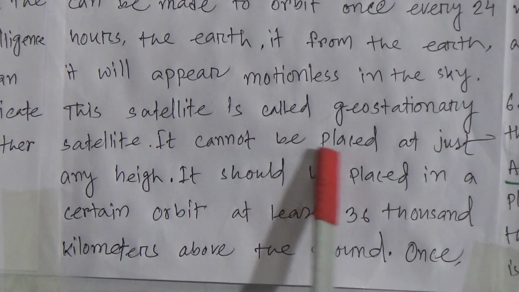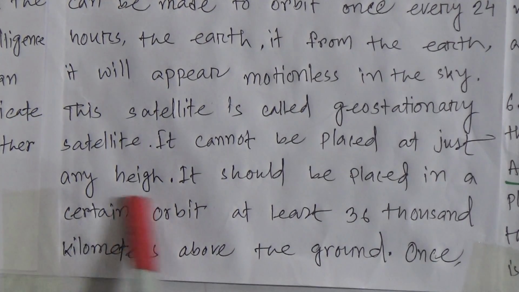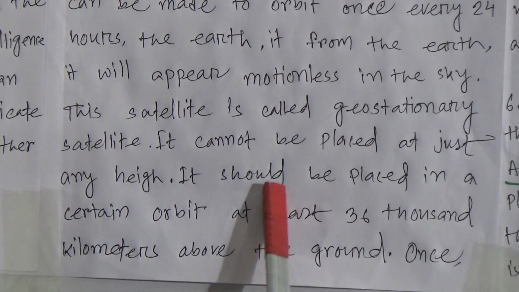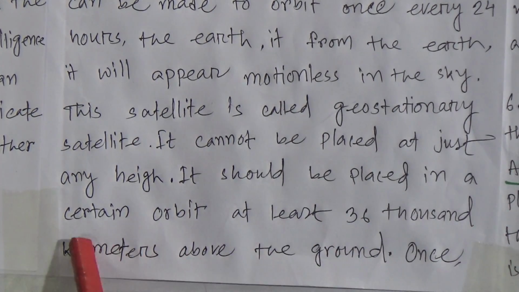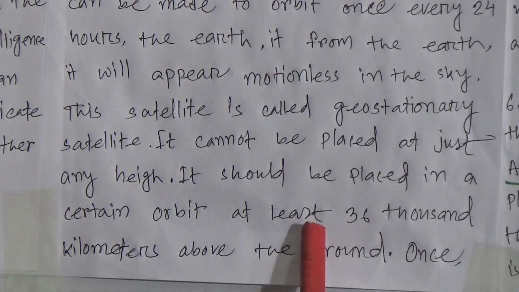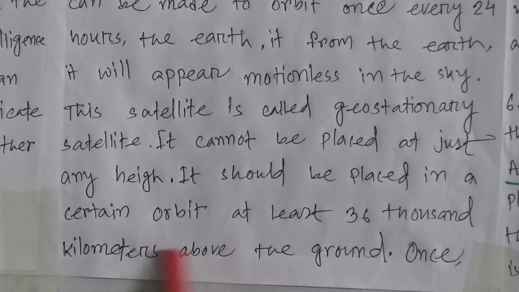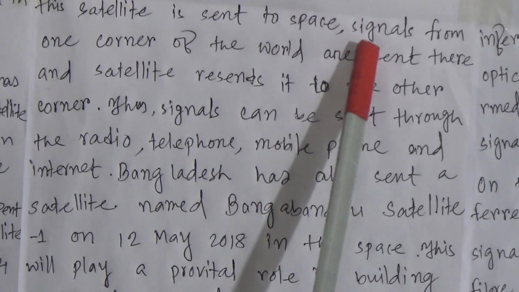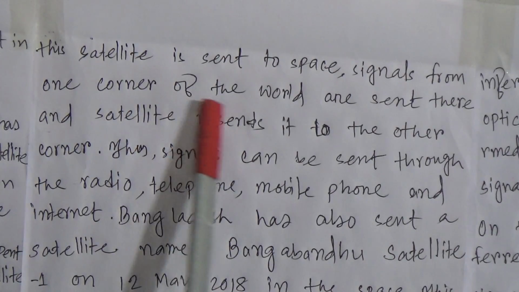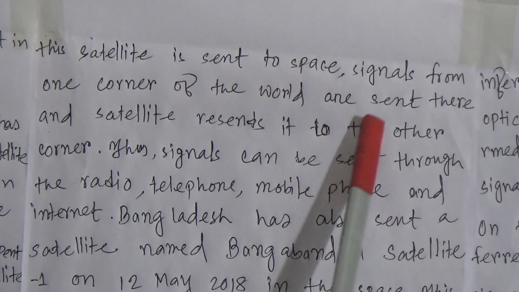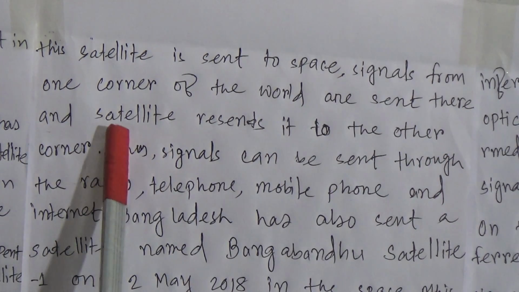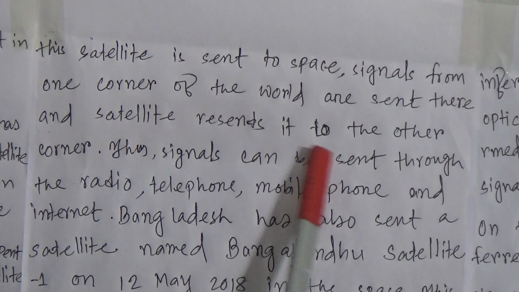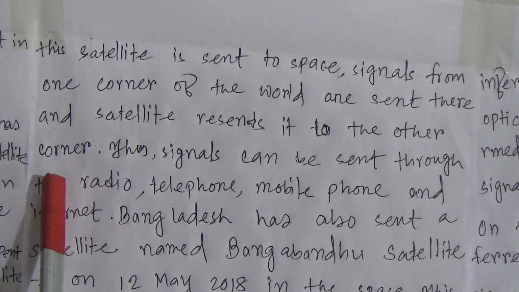It cannot be placed at just any height. It should be placed in a certain orbit at least 36,000 kilometers above the ground. Once this satellite is sent to space, signals from one corner of the world are sent there, and the satellite resends them to the other corner.